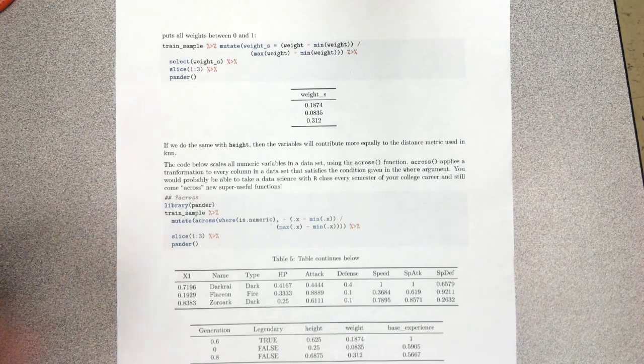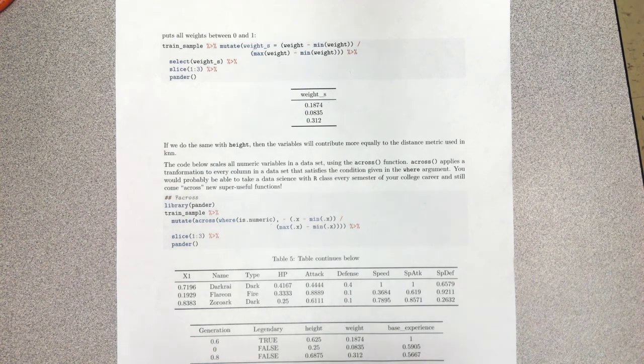If you do the same for height, it makes these variables a little bit more on equal footing. So the fact that weight was originally on the scale of hundreds and height is originally on the scale of tens, that no longer will have an effect when you're computing these distances for KNN.